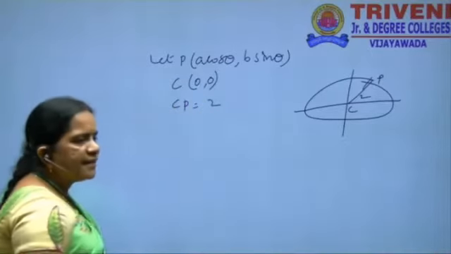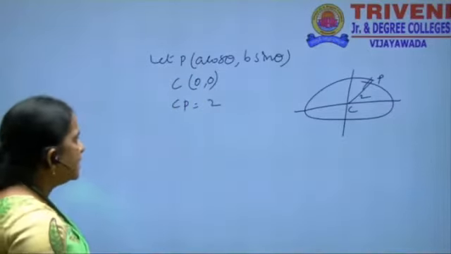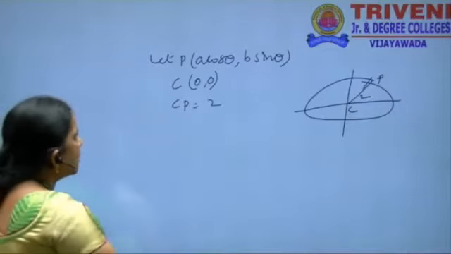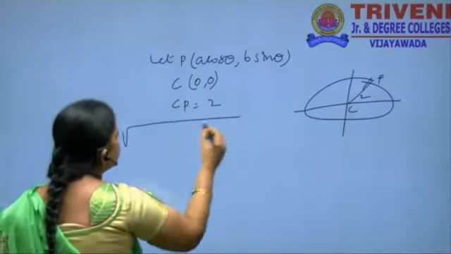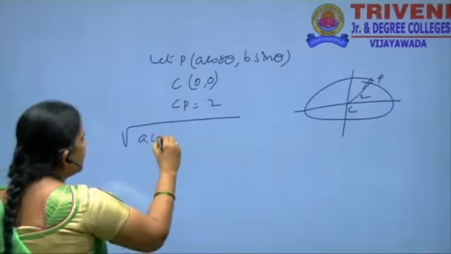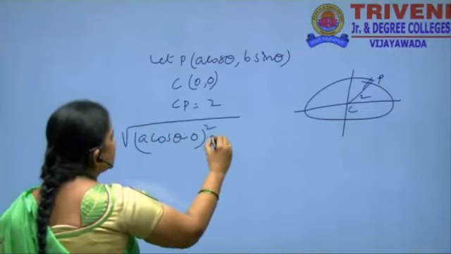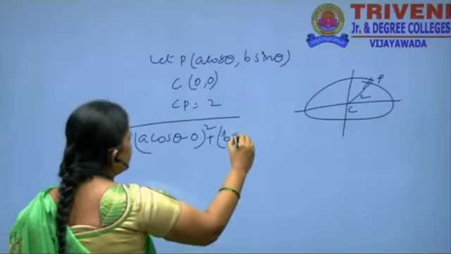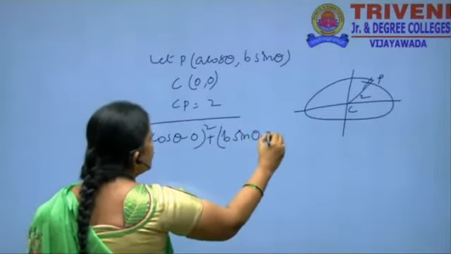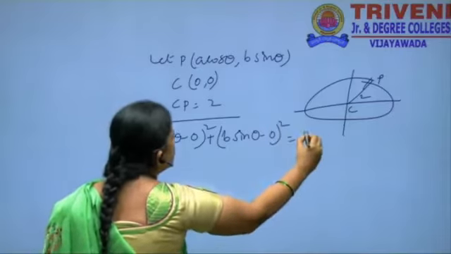We have to find the distance between C and P. What is the distance formula? Square root of x2 minus x1 whole square plus y2 minus y1 whole square, that is square root of a cos theta minus 0 whole square plus b sin theta minus 0 whole square is equal to 2.